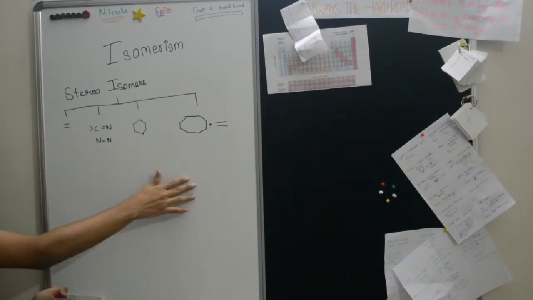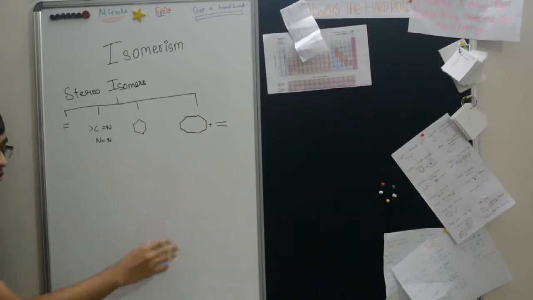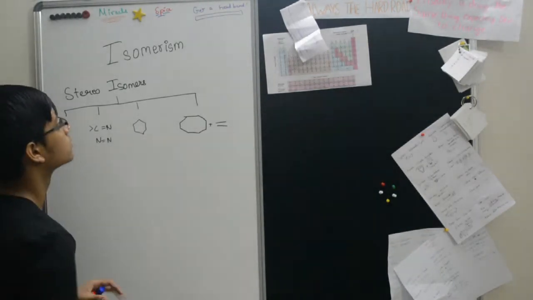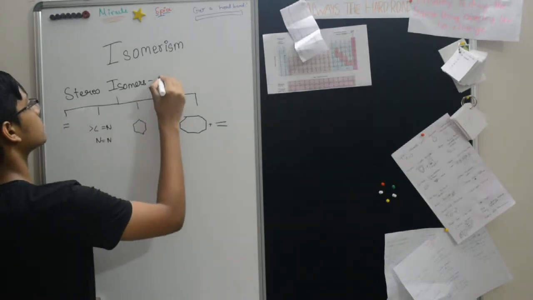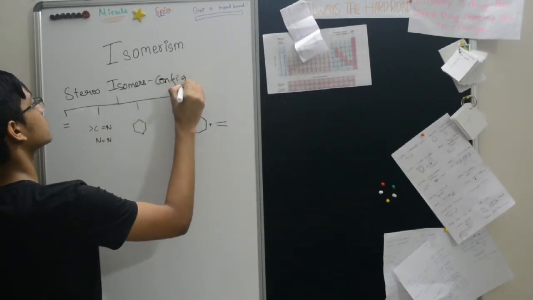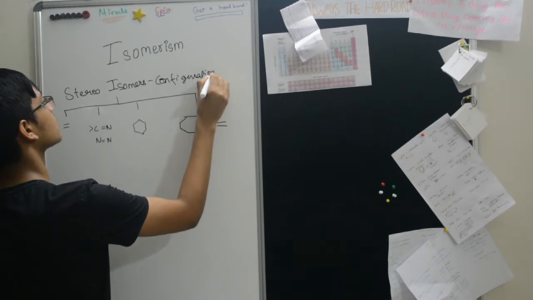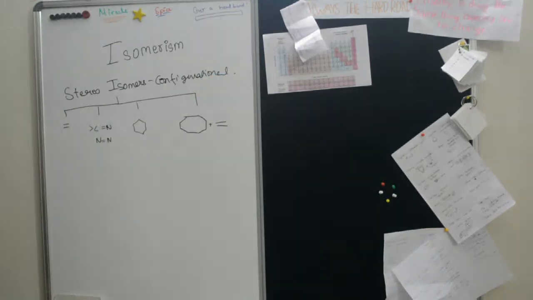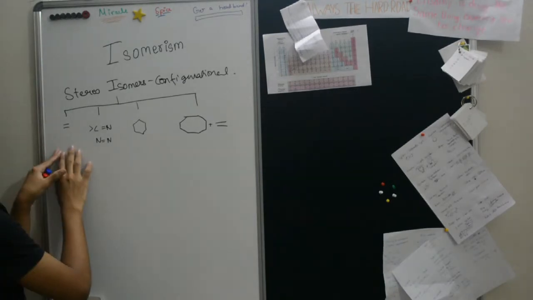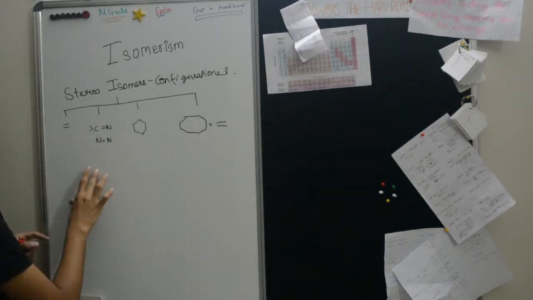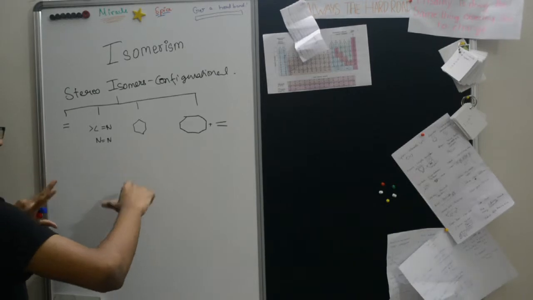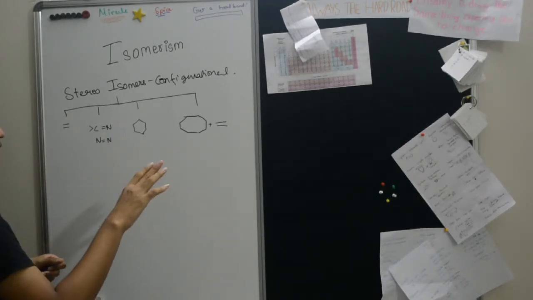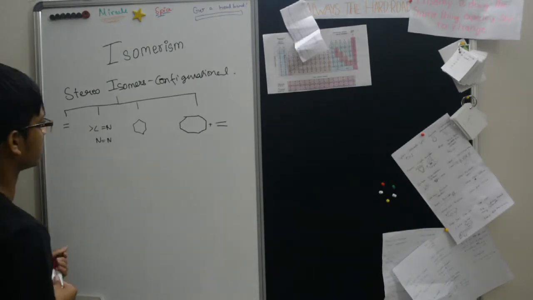Now stereoisomers, there are various types of stereoisomers, and now we will be starting with the configuration of stereoisomers. So what this configuration stereoisomer basically means is that there is a restricted system. In all of these cases, there is a restricted system, and they can be easily rotated or placed in different planes, or they can easily be changed a little bit.